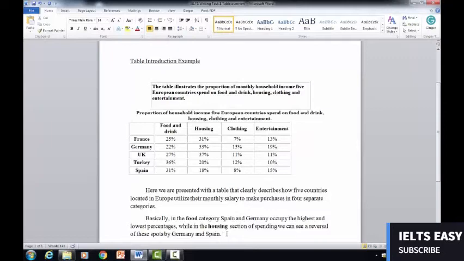All right, in the second paragraph, in the general overview, keep it general. So with the clothing, we can see the low is France for clothing, and the high is Germany.